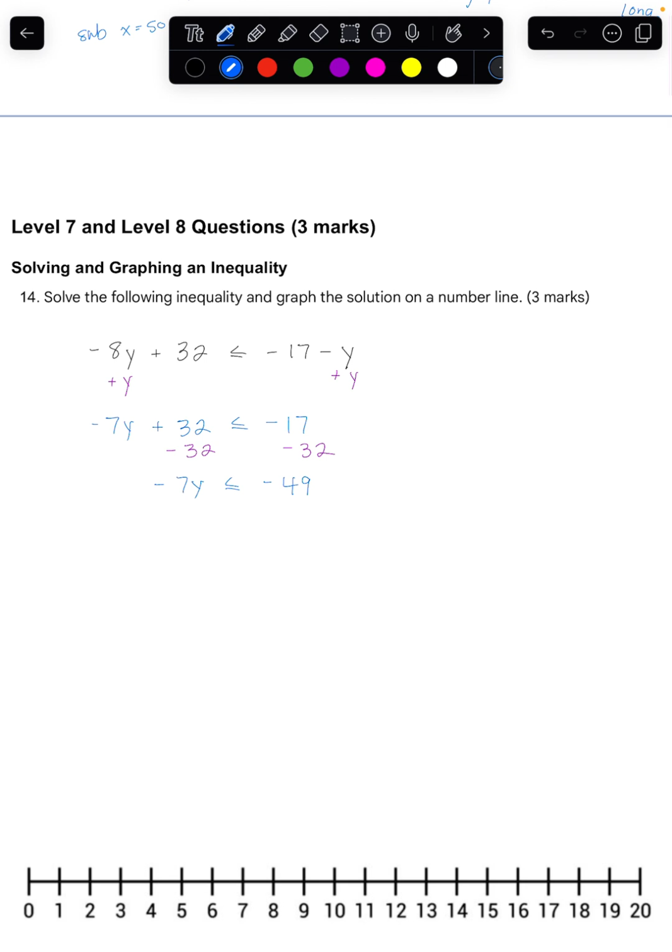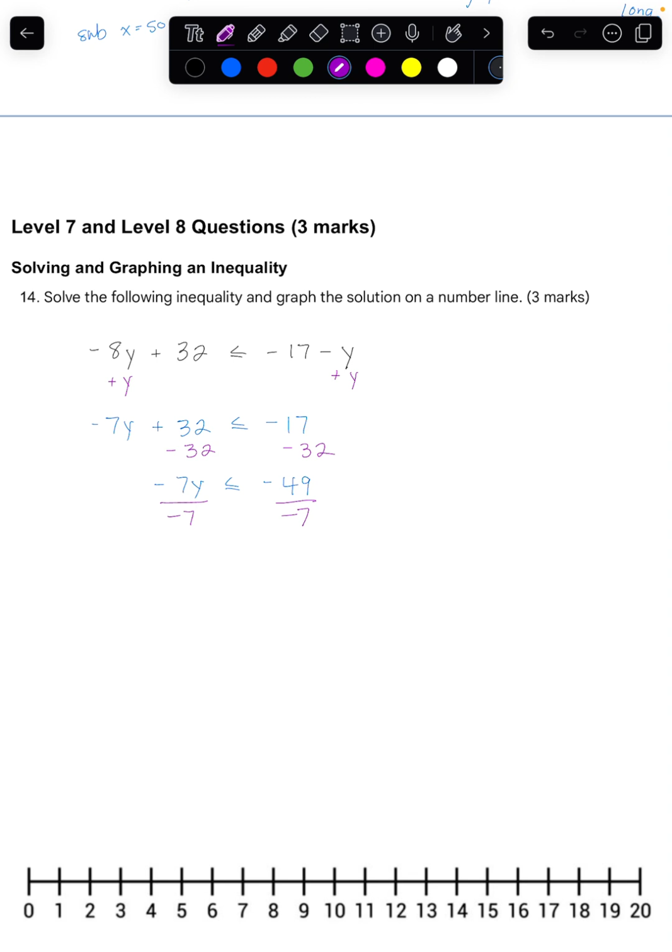All right, now we need to isolate the y, meaning get rid of that negative 7 in front of the y. We do that by dividing it away. Divide by negative 7 from both sides.